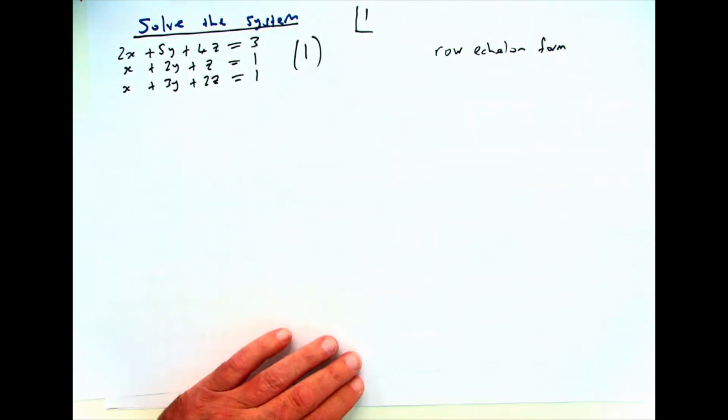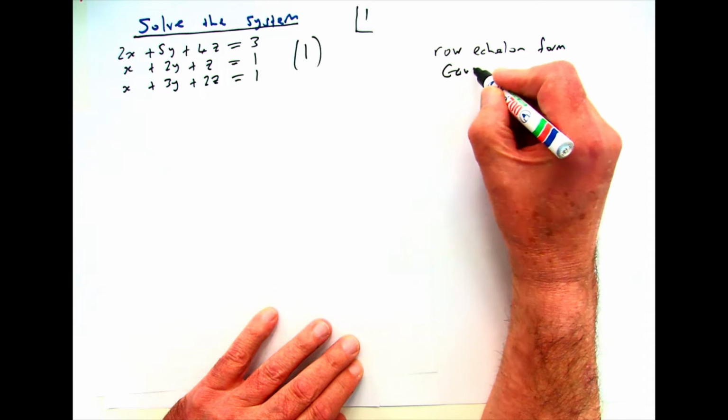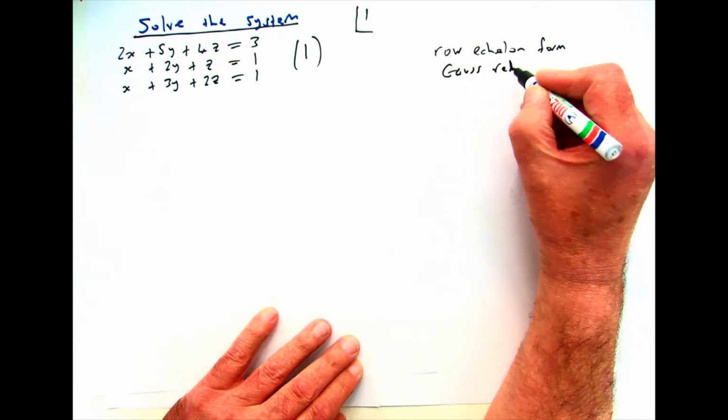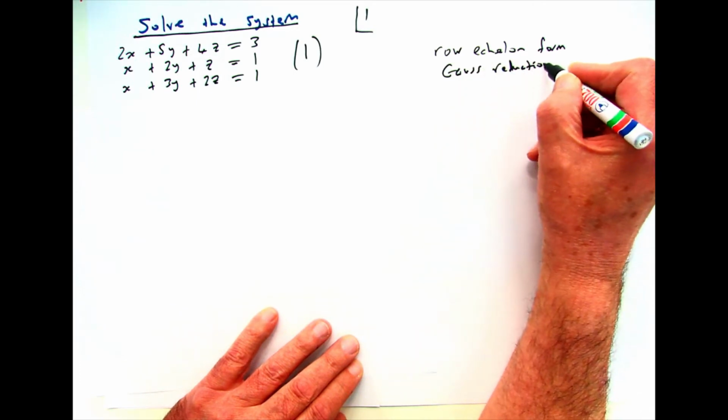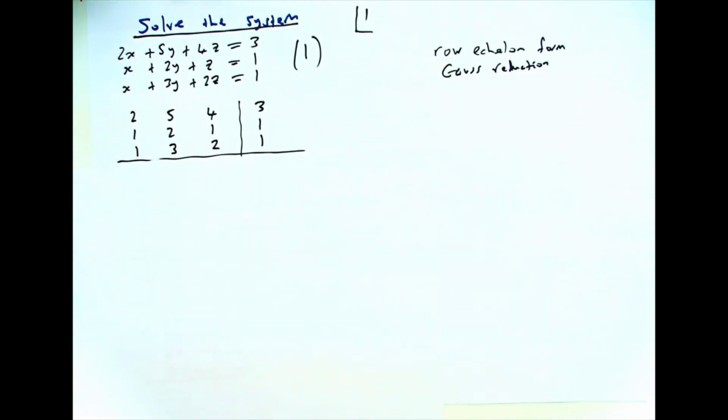Okay, so this is Gauss reduction. And the first step is to write down the augmented matrix of the system.